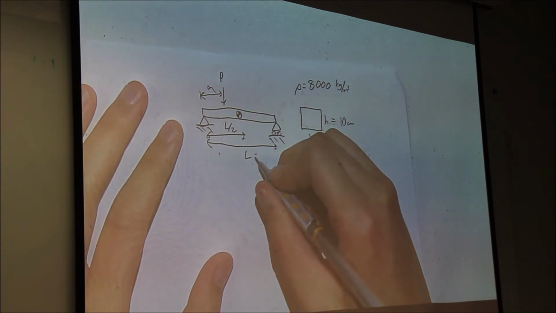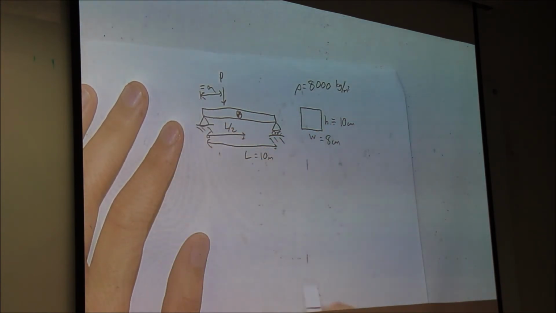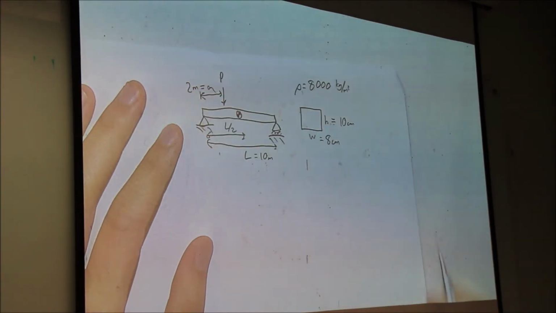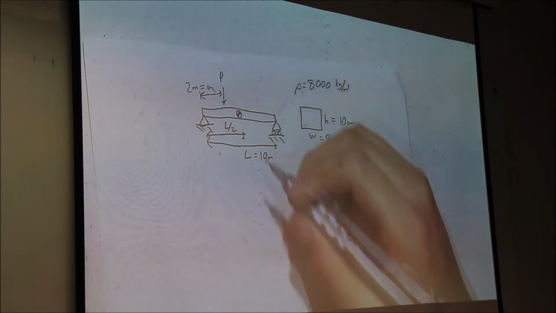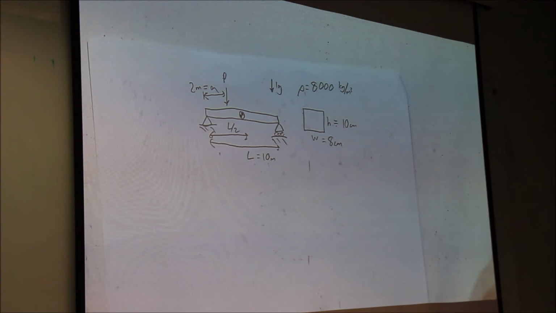Let's say it's 10 meters long, and let's say A is equal to 2 meters. Sound good? I think that's everything we need. Oh, and the force of gravity is 1g. Obviously, we're not on Mars or anything.